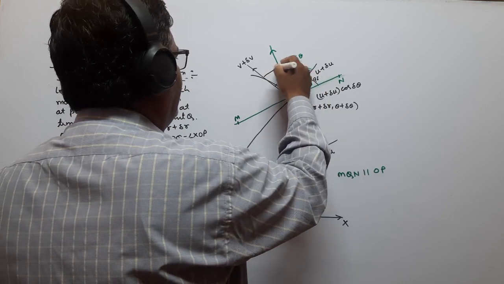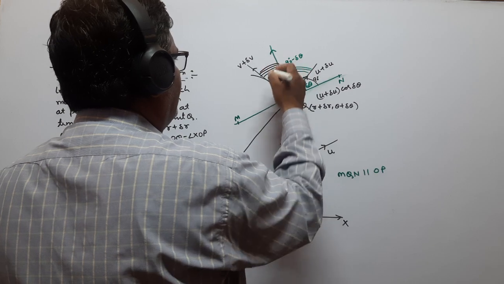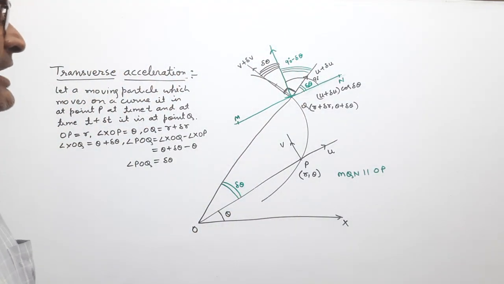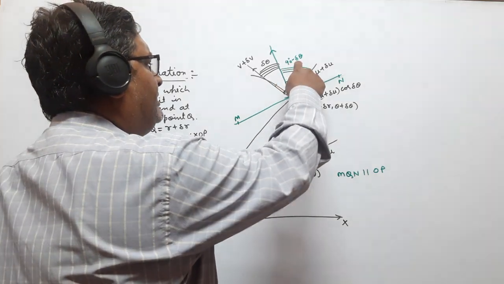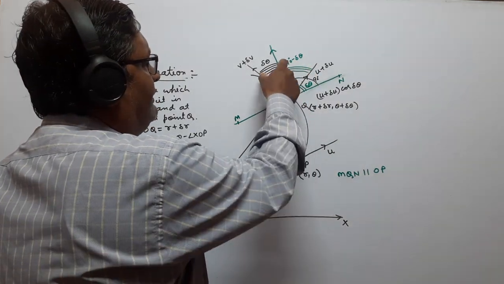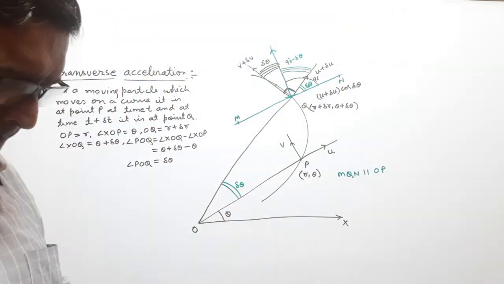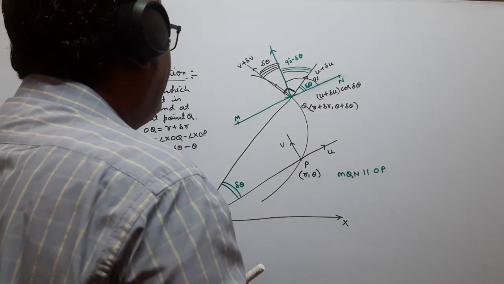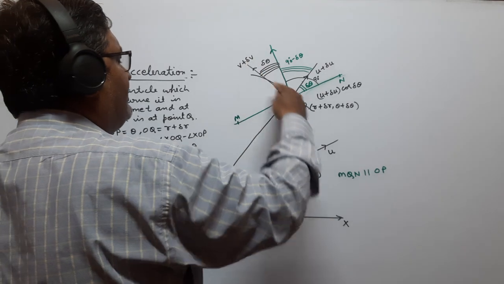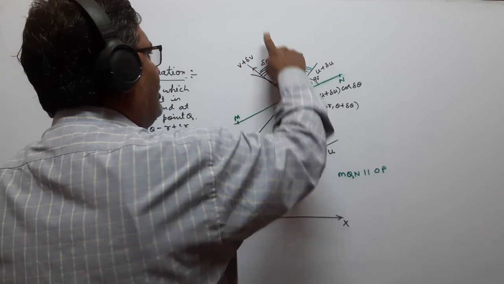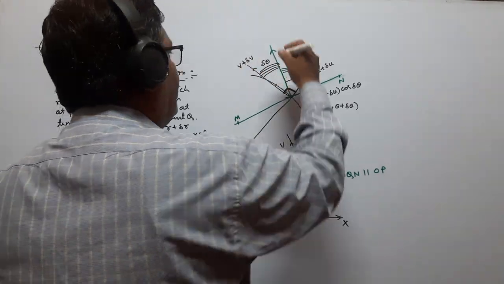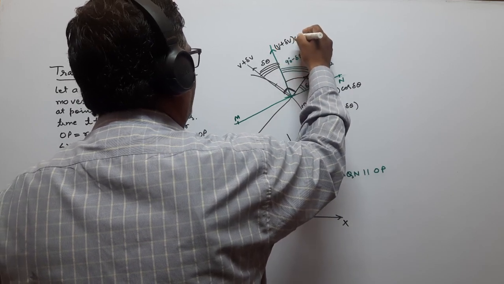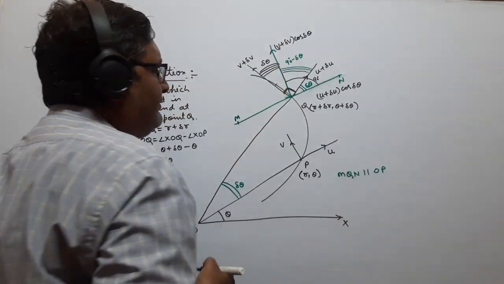So this becomes del theta, because when we subtract 90 minus del theta from 90, we get del theta. So the transverse velocity component v plus del v along this perpendicular line is v plus del v cos del theta.